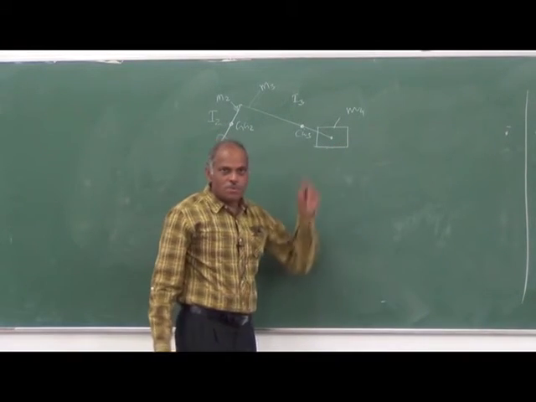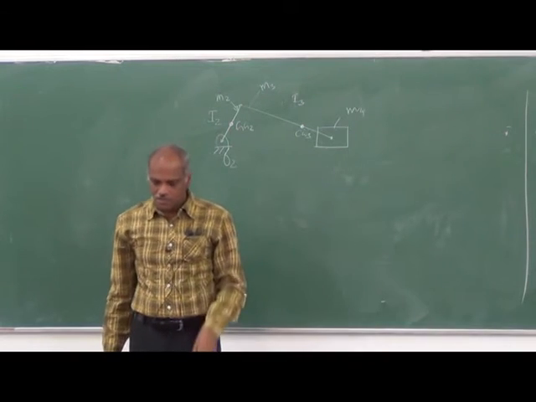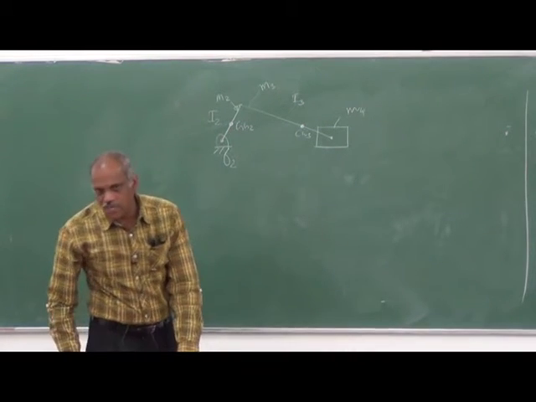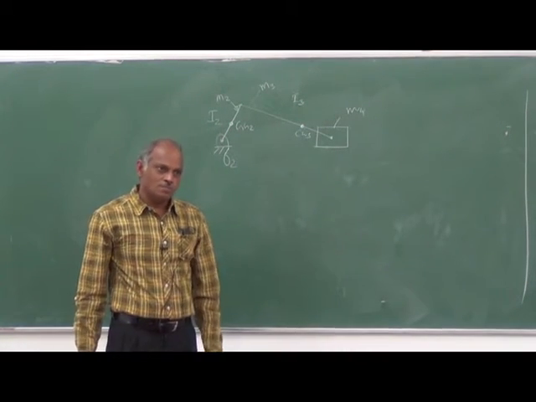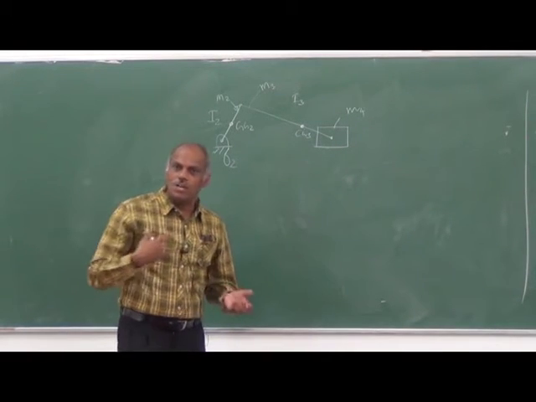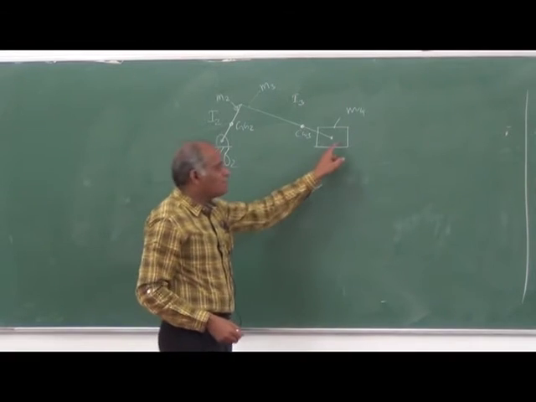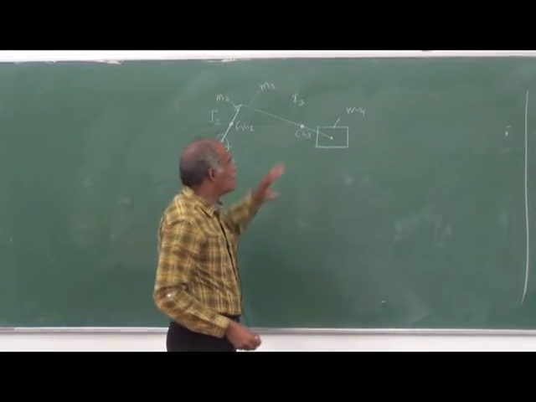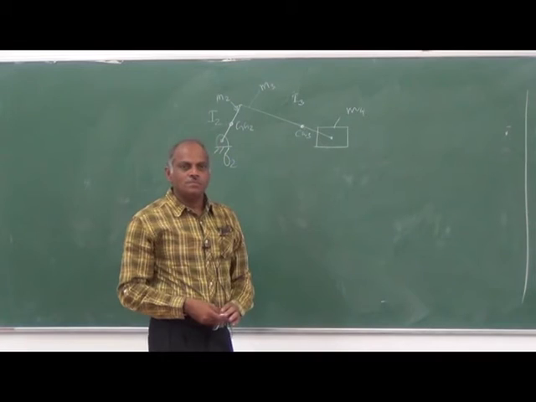Here I don't require the moment of inertia of the piston, because for a piston I can give you the moment of inertia, but that is of no use, in the sense that it is not going to rotate at all. It is constrained only to translate. So moment of inertia is not required, it is not given. So this information is given.